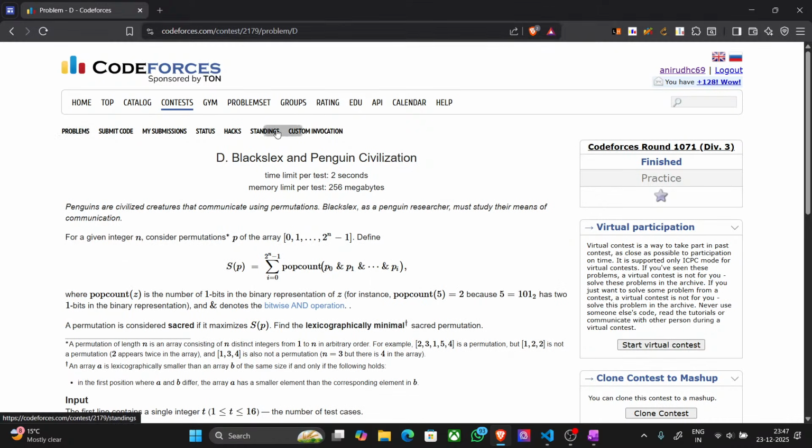Right. In this problem, you are given an integer n and consider a permutation p of the array 0, 1, 2, up to 2 raised to the power n minus 1.